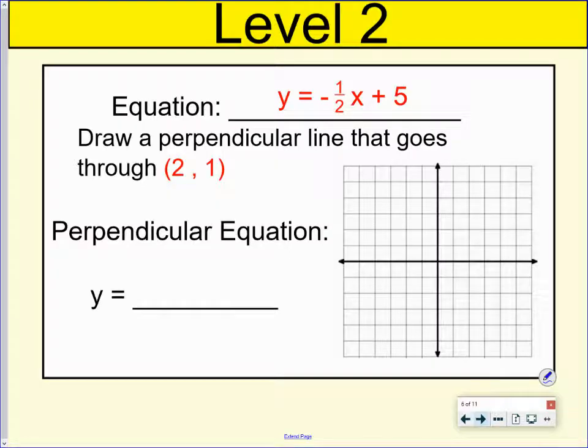All right, so now we have given here an equation, y equals -1/2 x plus 5. Let's go ahead and graph that. Our y-intercept is 5, 1, 2, 3, 4, 5. So we'll start there. Our slope being -1/2, we know we go rise over run, which means the number on the numerator is how far up or down we go, and the number on the denominator is how far right and left we go.